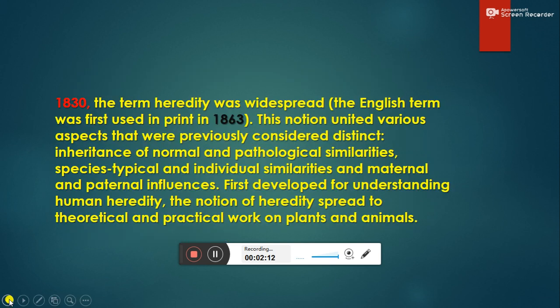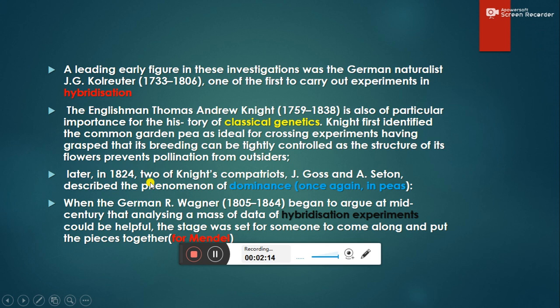The next slide is about the first person. A leading early figure in this investigation was the German naturalist J.G. Kölreuter, 1733 to 1806, one of the first to carry out experiments in hybridization.